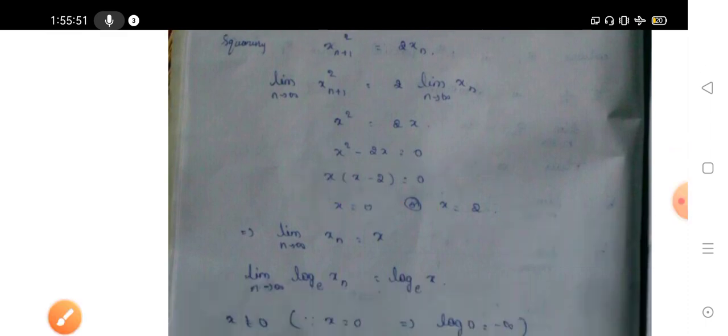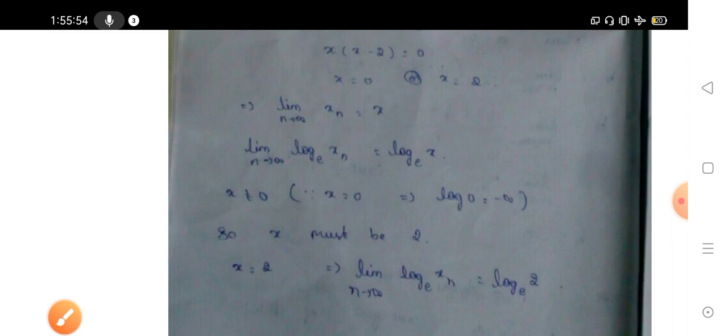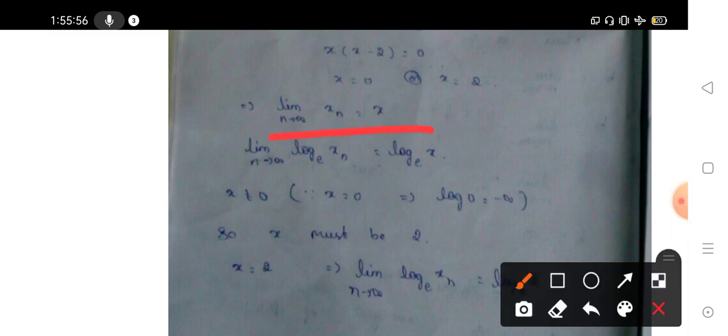Squaring on both sides, xn plus 1 square equal to 2xn, and taking the limit as n tending to infinity, here x square equal to 2x, so x square minus 2x equal to 0, x into x minus 2 equal to 0, x is equal to 0 and x equal to 2. Therefore the limit n tending to infinity of xn equal to x, and the limit of log e xn is equal to log e x.